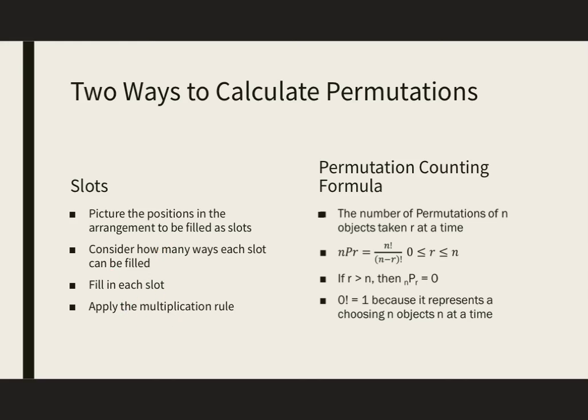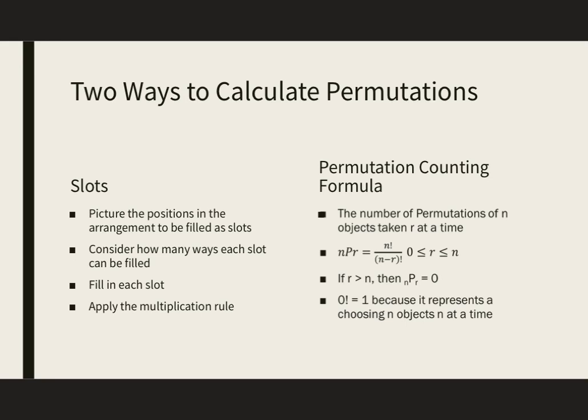Now here's the formula. So jot this down. NPR, not National Public Radio, but the number of things taken r at a time is n factorial over n minus r factorial. Right? So those parentheses matter down there. And so we're going to see that on your calculator in just a moment.